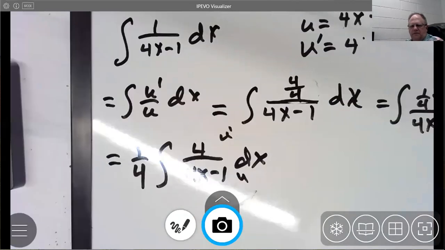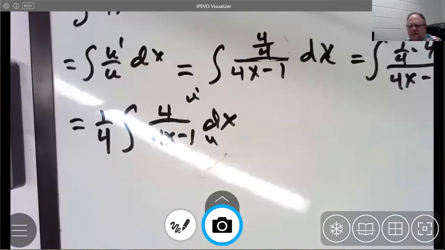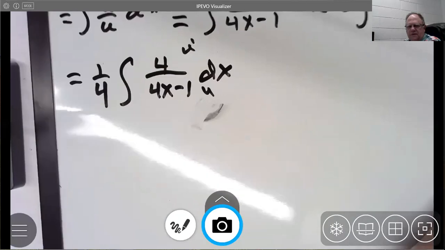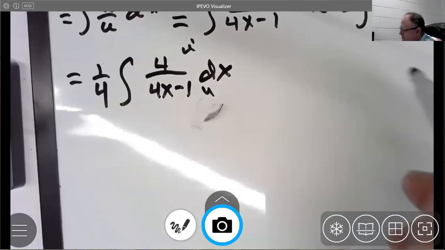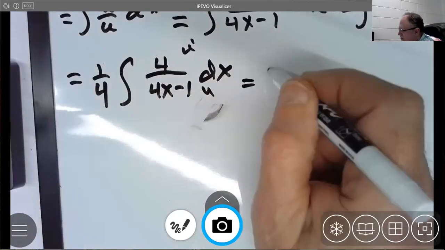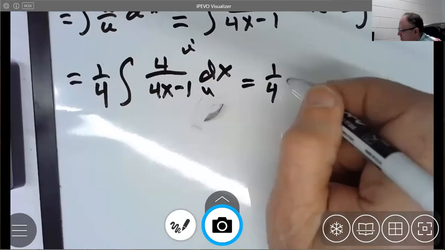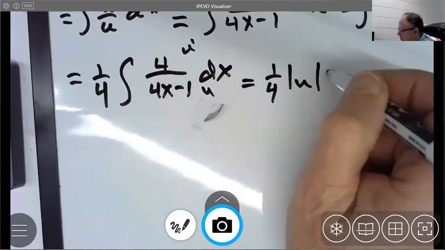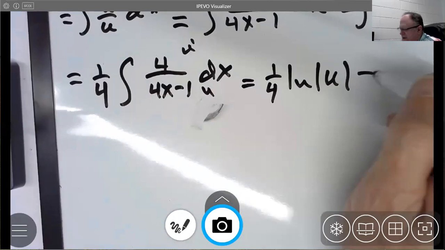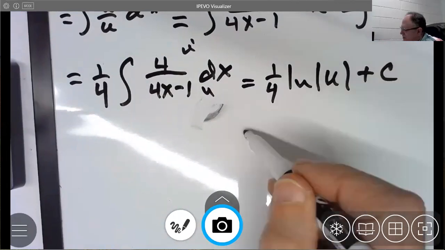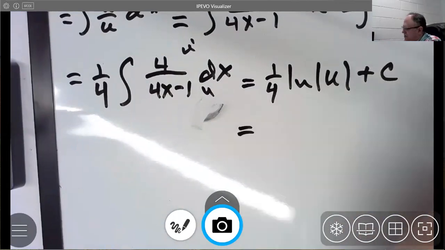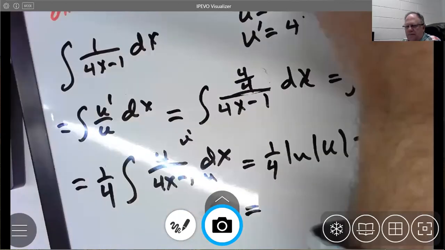Okay, now we have our u prime over u. Questions with that? So now this will be 1/4 natural log u plus c. And we said u is 4x minus 1.